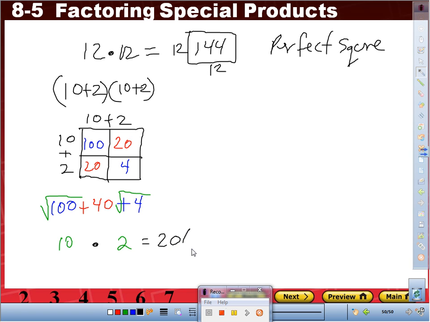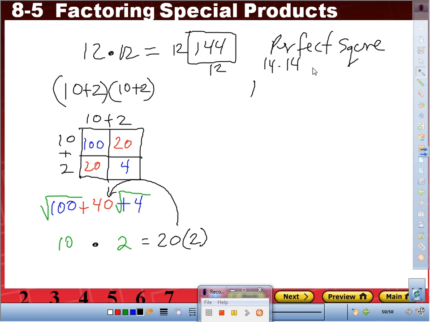And if we double that, that means we multiply times 2. That should give us the middle term. Did everybody see that? Okay. Now you're saying, Mr. Q, does that work with all perfect squares? Let's find out. Check this out. Let me try it again. Now I'm going to try it with two different numbers. I'm going to try it with 14 times 14. Okay?